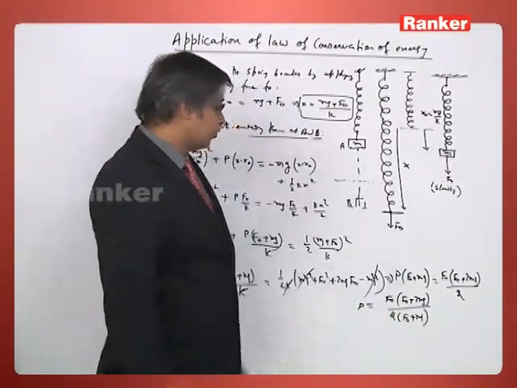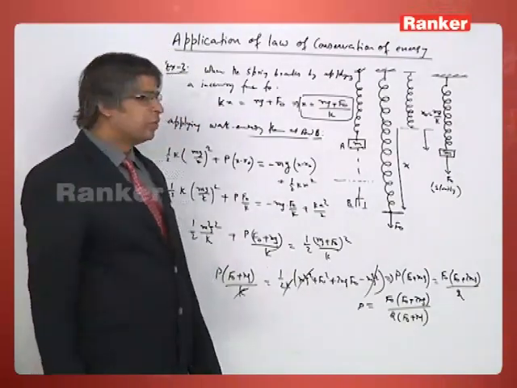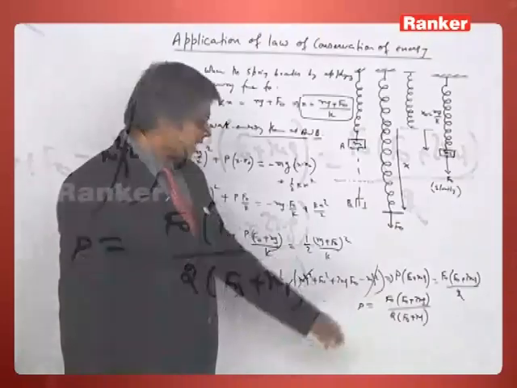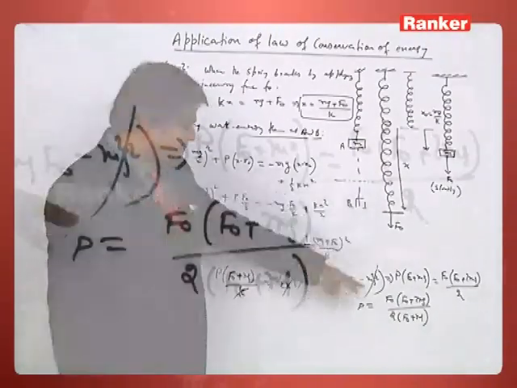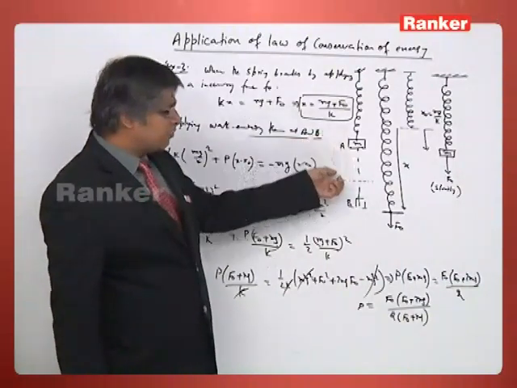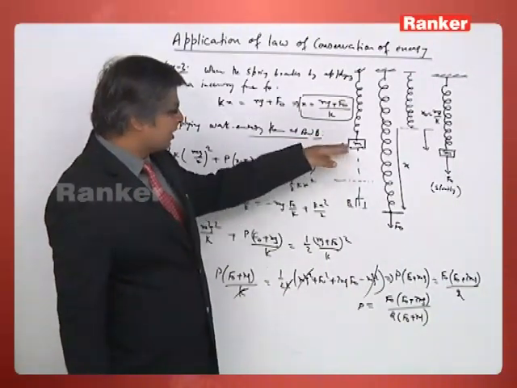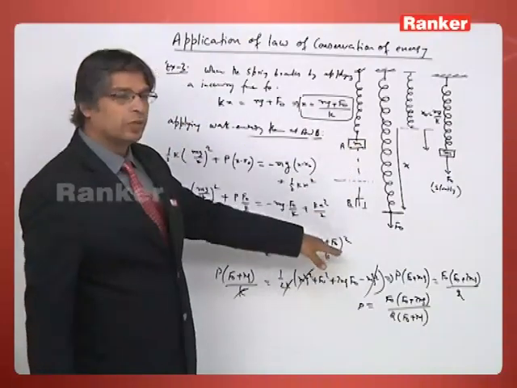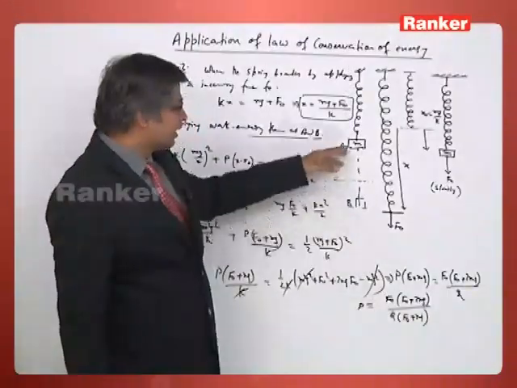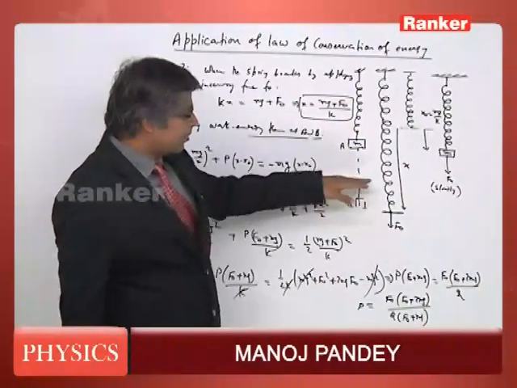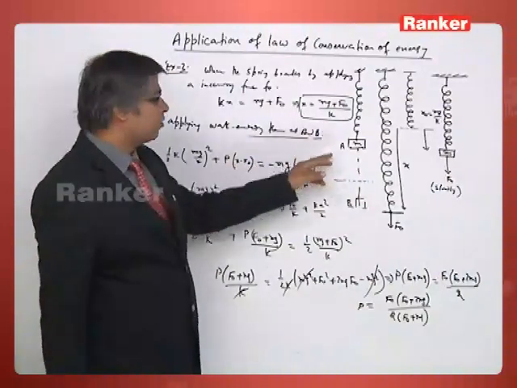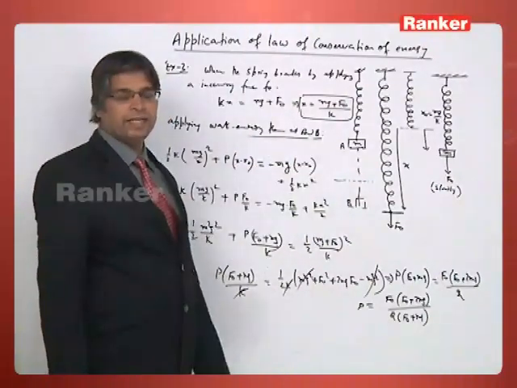This is the amount of P required, so that this P you can see is less than F naught value. So thus when we have to move this down with a constant force and one slowly, the equilibrium position will be different. So you can see how we have applied law of conservation of energy at A and B.